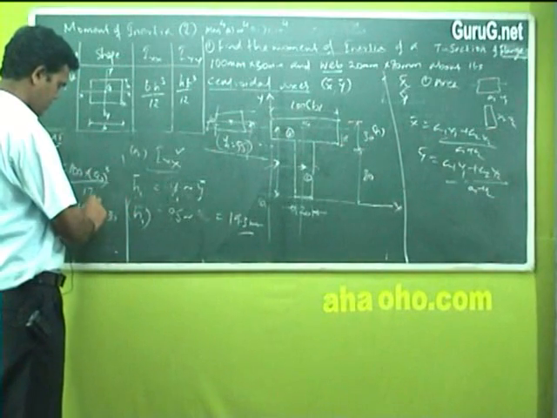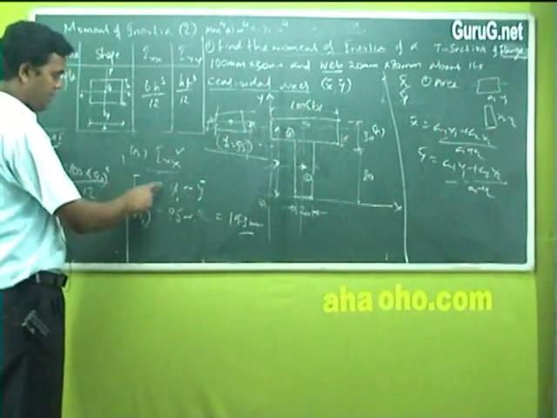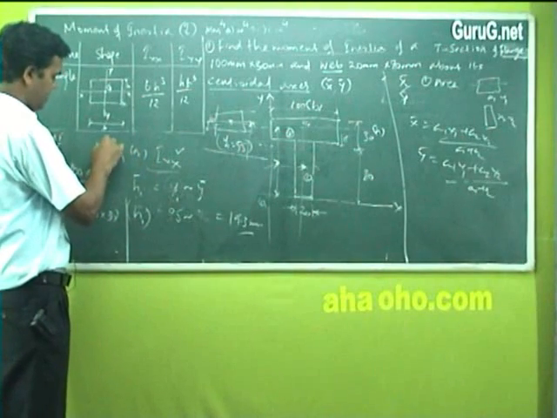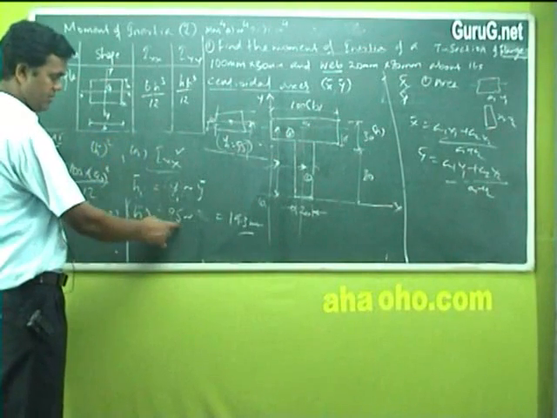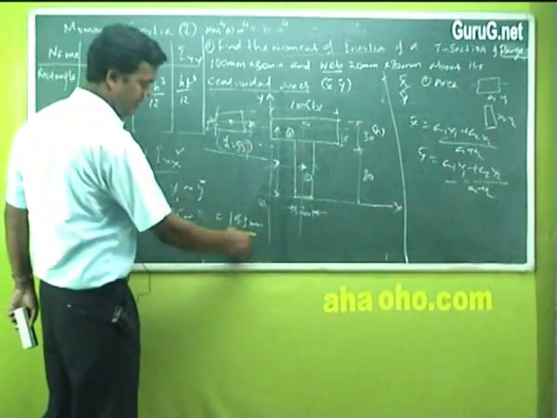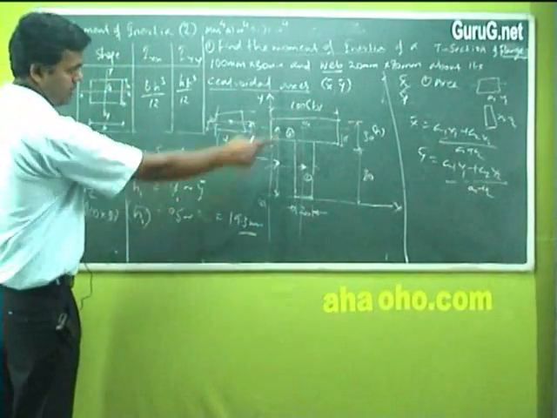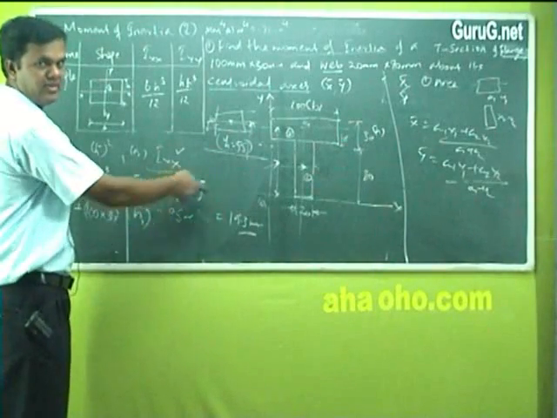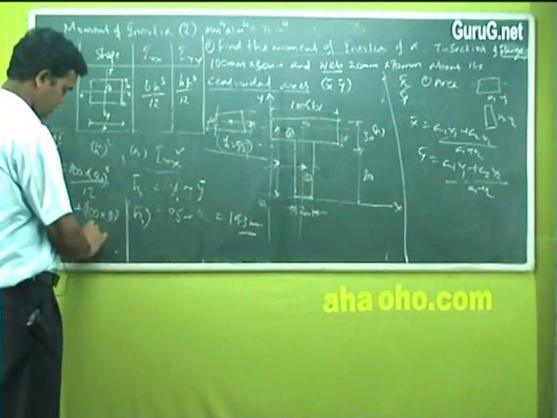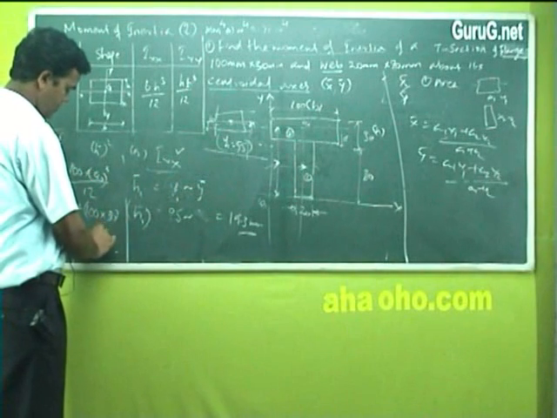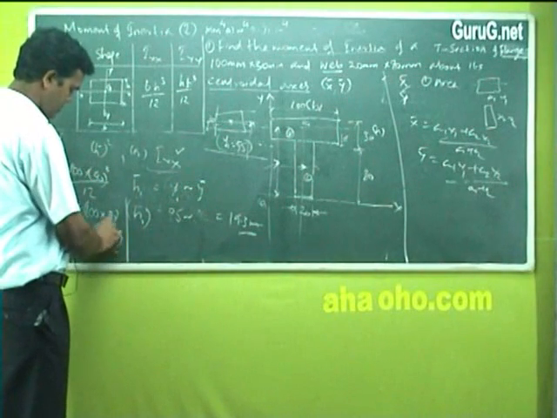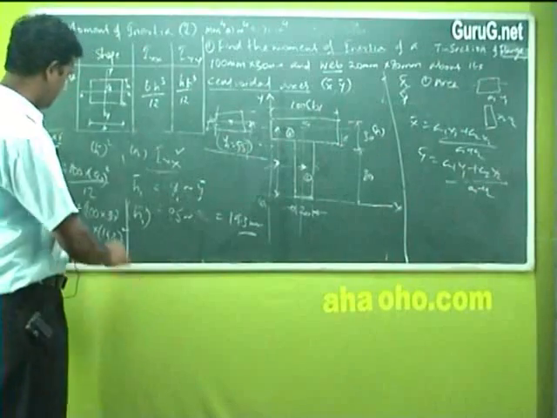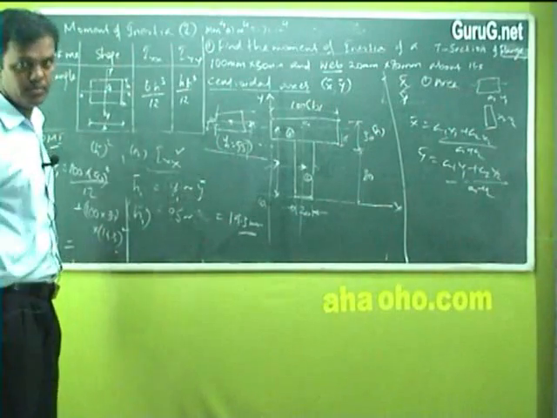A into H bar square. The formula is H bar whole square. H bar is how much? 95, I told you the answer will be 19.3 millimeter. You have to find out what is Y bar value. 95 is Y1 and the difference of that is 19.3 millimeter. So into 19.3 whole square. This will give you the IXX1 value.